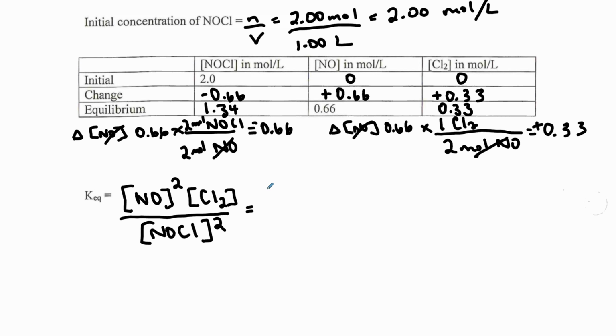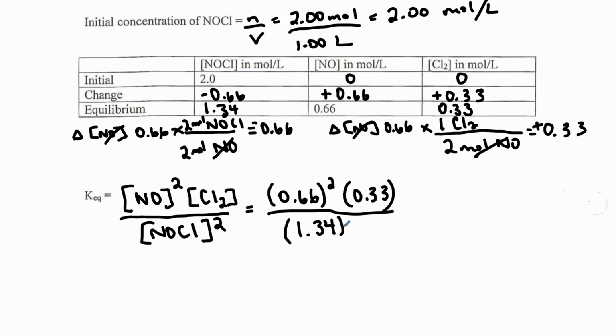So if I plug in, NO is 0.66, Cl2 is 0.33, and then we divide by NOCl is 1.34, and that is squared. So when you calculate that all out, you get 0.08 for your KEQ.